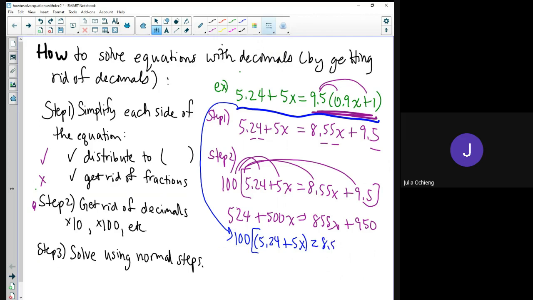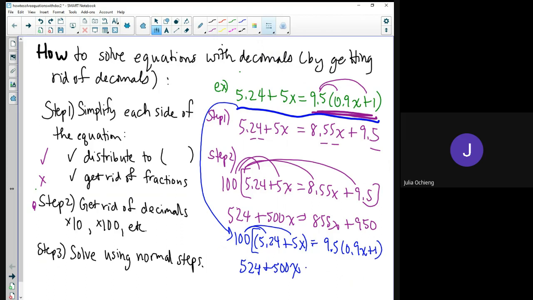I'll just copy the original equation. There we go. Okay. When I distribute the 100 to this number, it just becomes 524 as usual. When I distribute this to that, it becomes 5 plus 500.